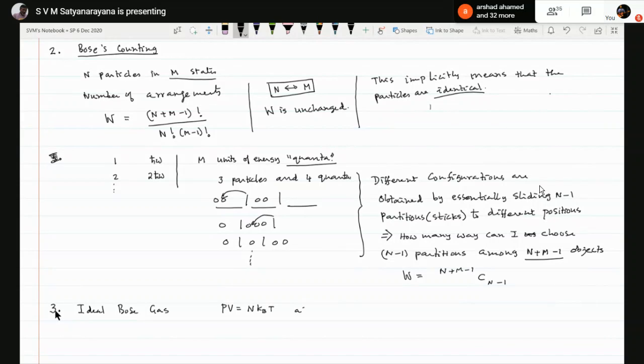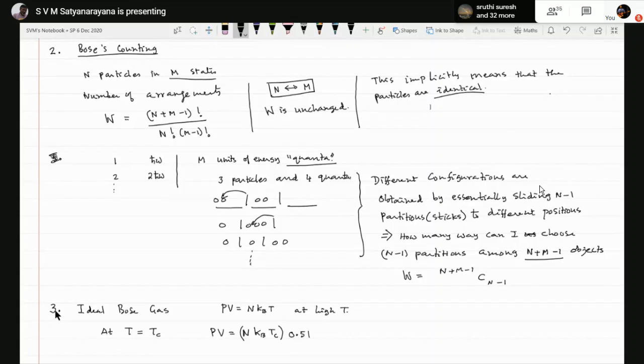So at high temperature that holds. Now you can ask what happens at T equal to Tc. You see that PV will not be n kB Tc, but something like 0.51 of it.